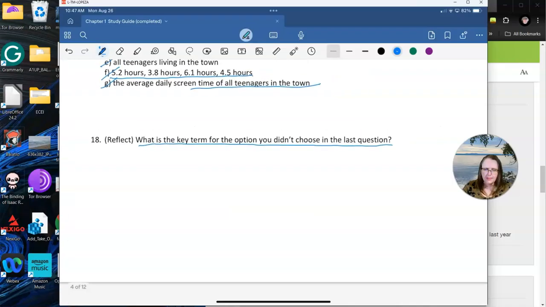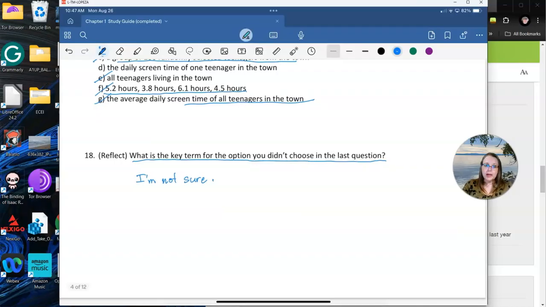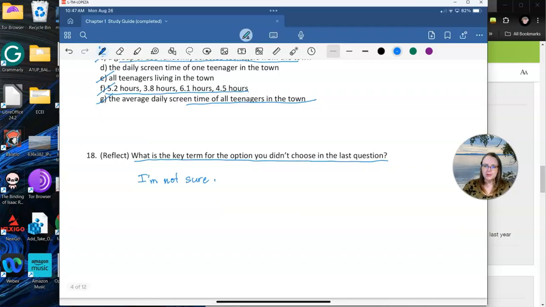So, if you are working on these study guides and you can't figure out the answer to one of the questions, you will still get credit even if you write, I'm not sure. If you do write, I'm not sure, or I don't have a clue, or I can't figure this one out, or I'm too tired to think about it, write something there so that it is complete, because I'm grading you on completion on these.